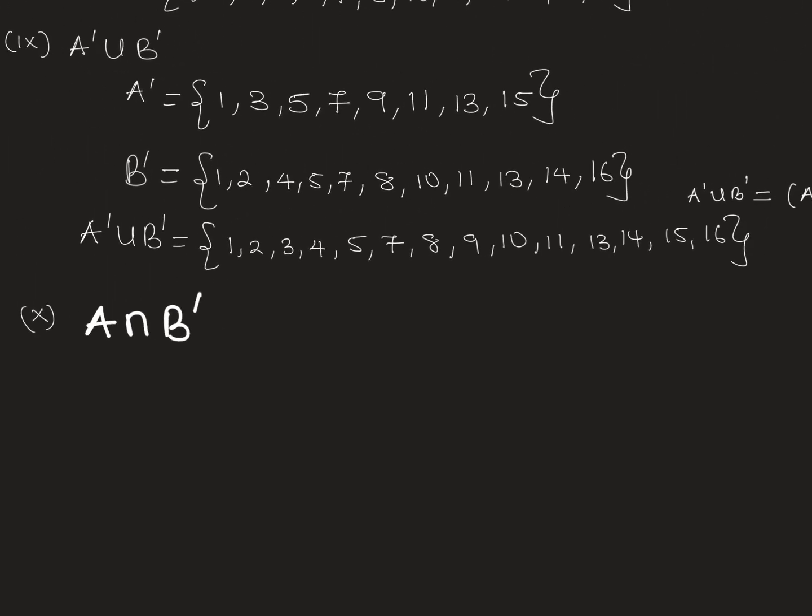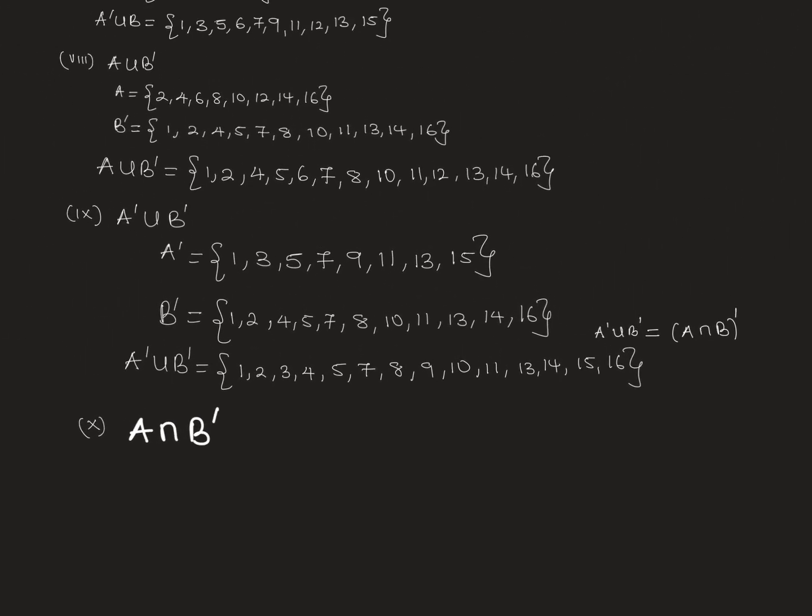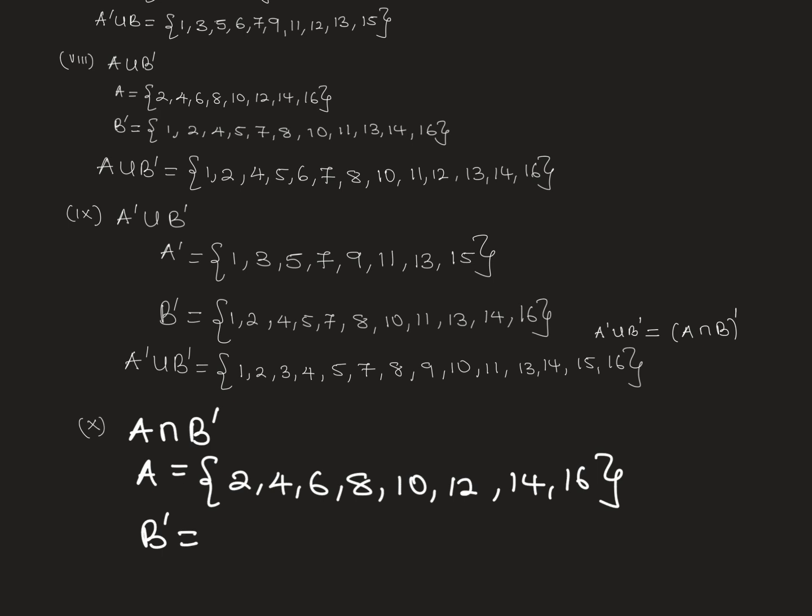So what are we going to do? Let's try to first list the members of A. The members of A are 2, 4, 6, 8, 10, 12, 14, and 16. Then we list the members of B complement. What are the members of B complement?